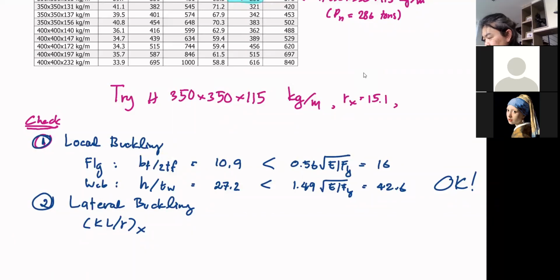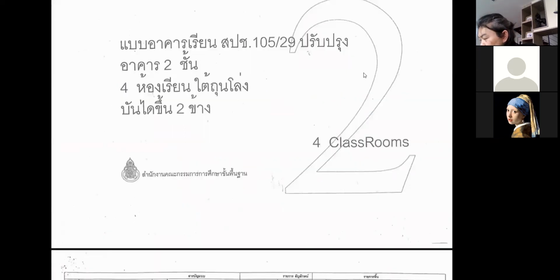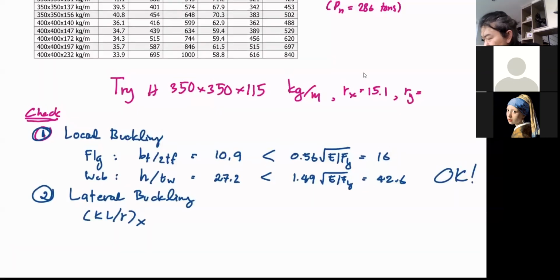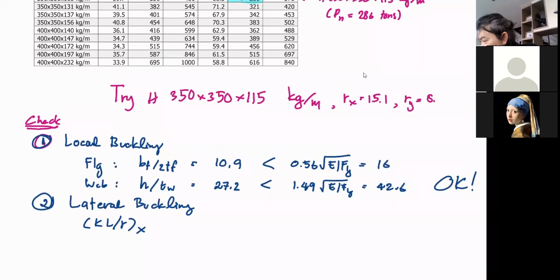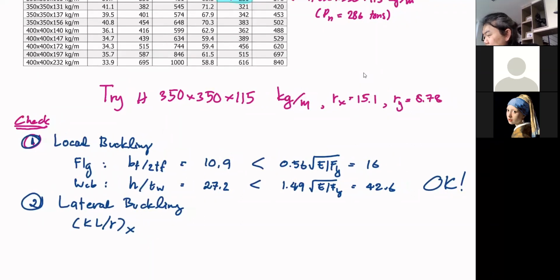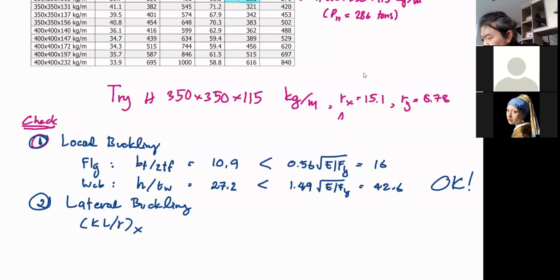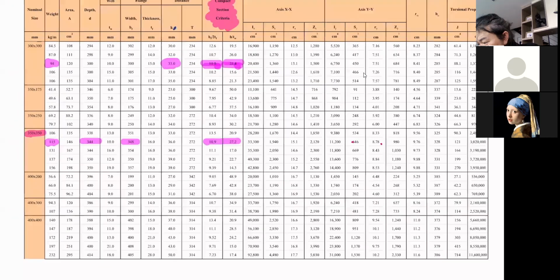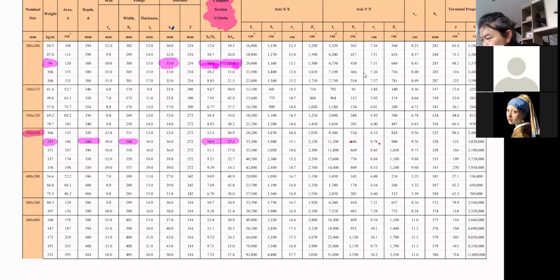Please forgive me for the units, okay? I'm running out of space, but you should always write the unit. Ry is here, 8.78. And the gross area is 115, that's weight, 146. Okay, the area is there, 146.